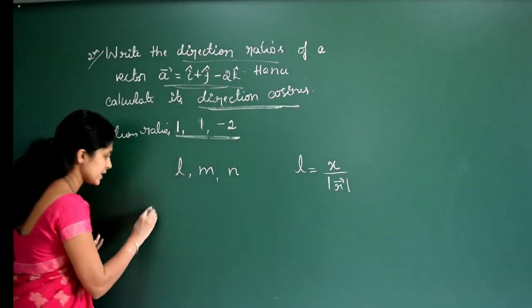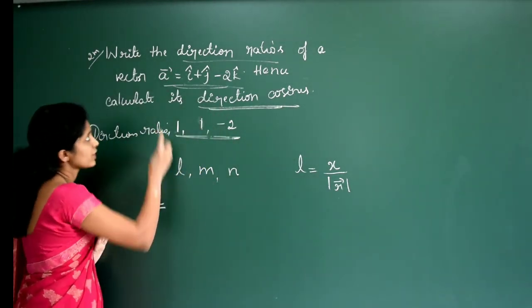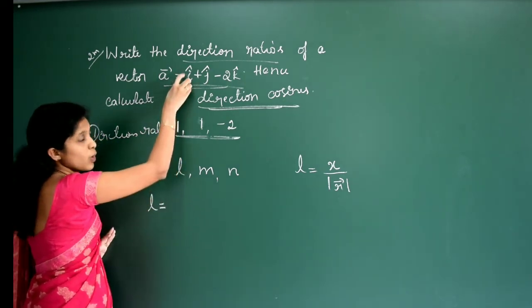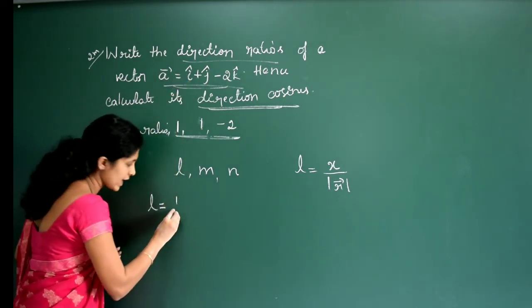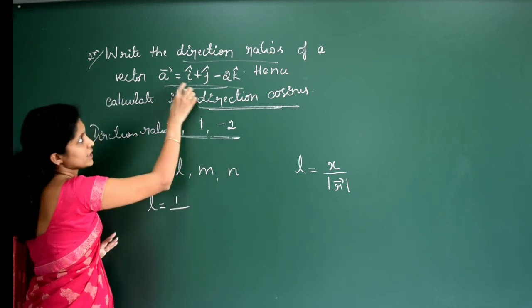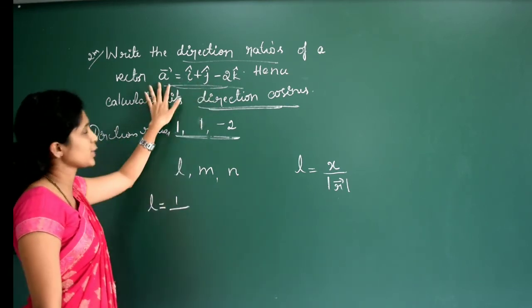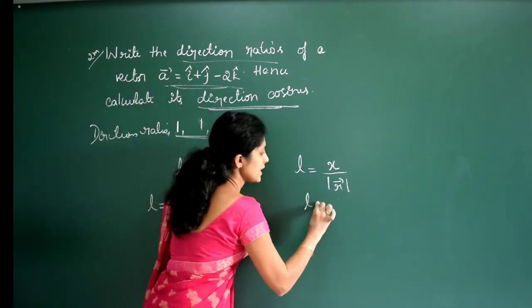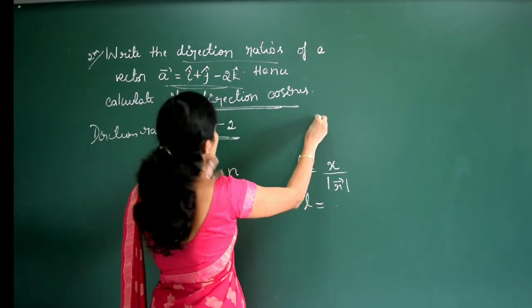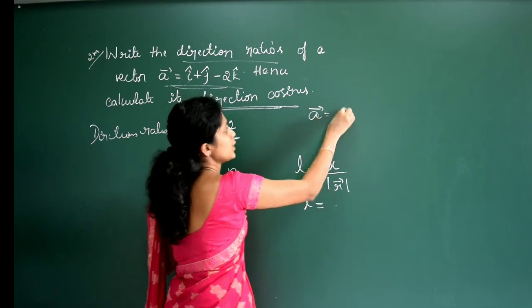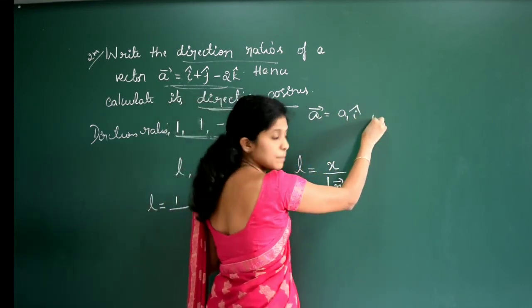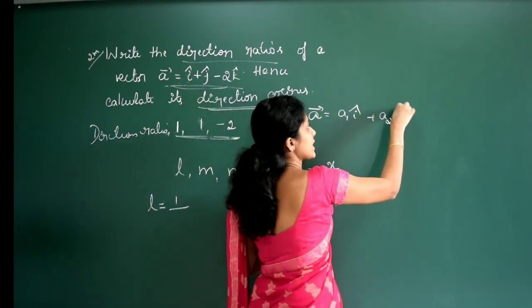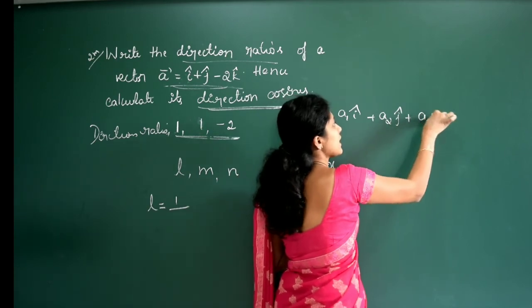So what we can write? l is equal to the value of x, here 1, divided by magnitude of r vector. If I consider this as magnitude of a vector, what we can write? a vector is equal to a1 i cap plus a2 j cap plus a3 k cap.